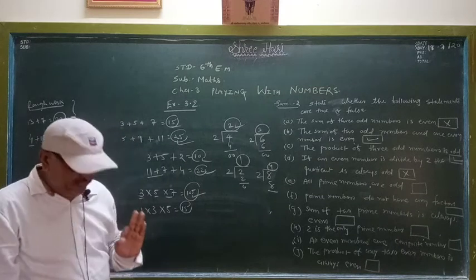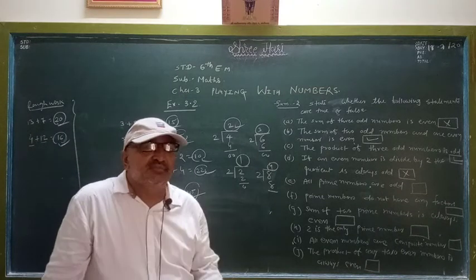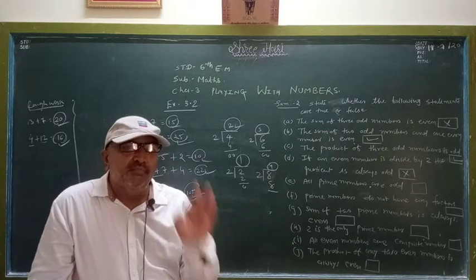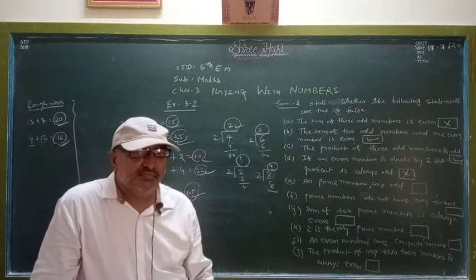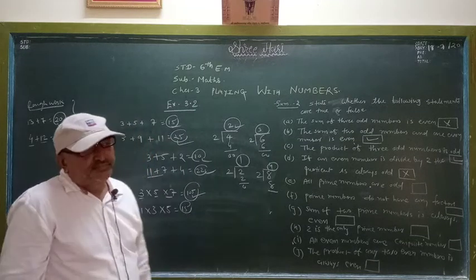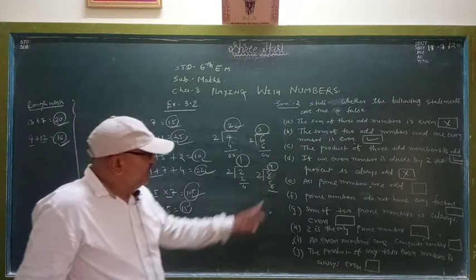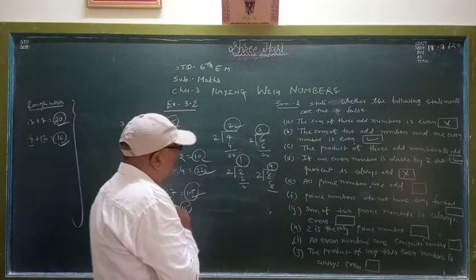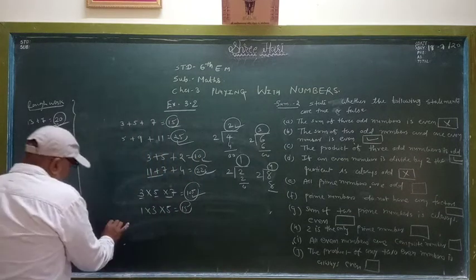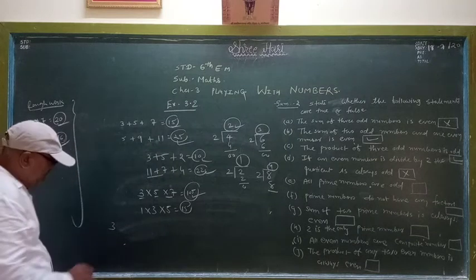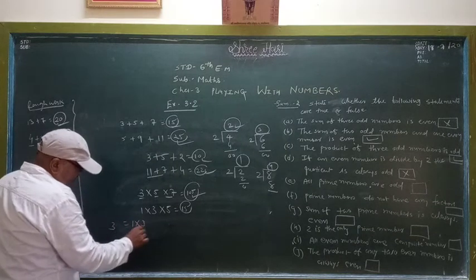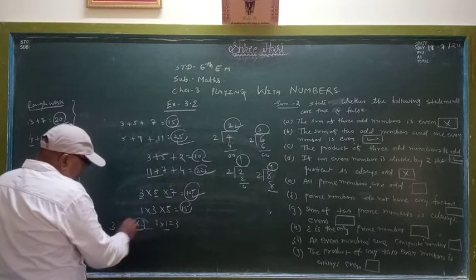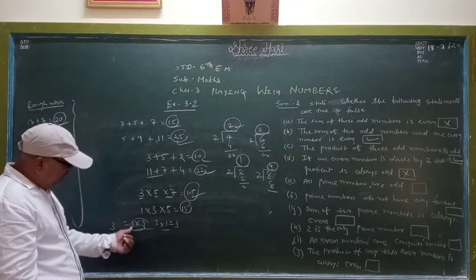The number which has only 2 factors, 1 and the number itself, is known as a prime number. So you can see 3 has only 2 factors. 1 times 3 is 3, otherwise 3 times 1 is 3. So 1 and 3 are factors of 3.